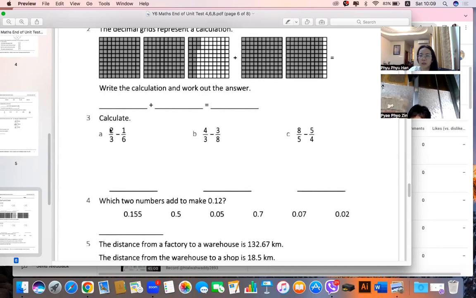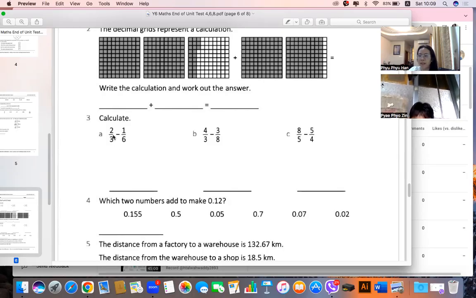So this is 2/3 minus 1/6. These three we can make into 6. I will not make both into 12.